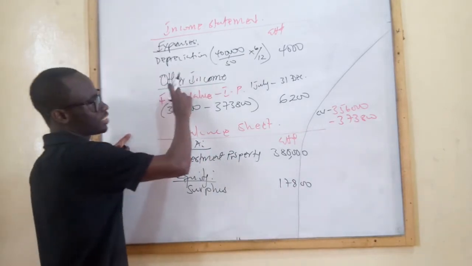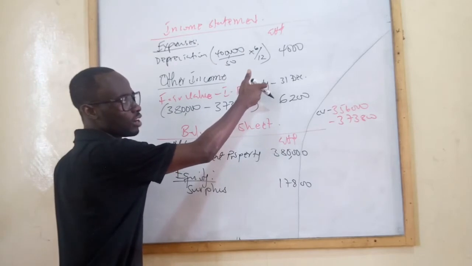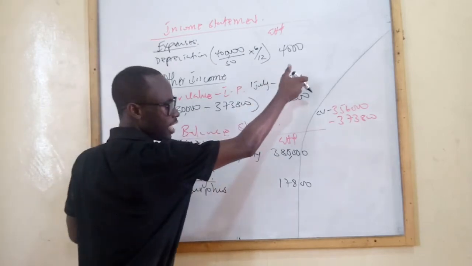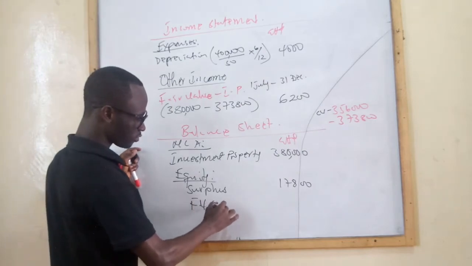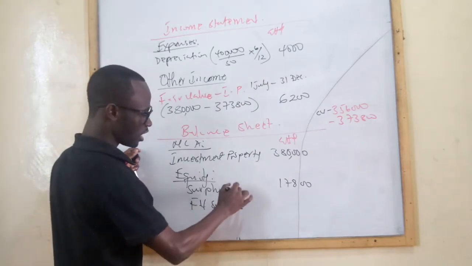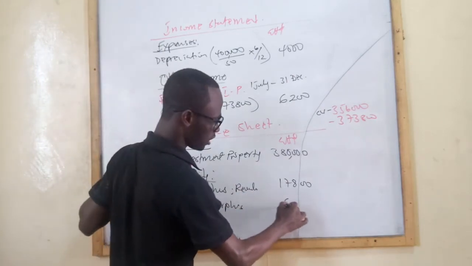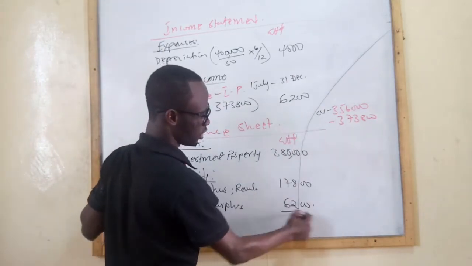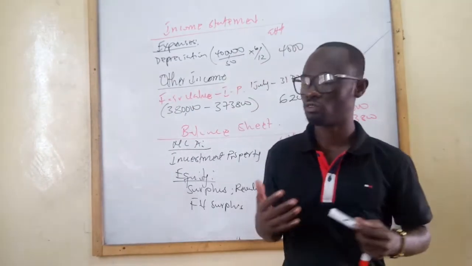Then the surplus that we are gaining between the date of recognition to the year end will also come. So the fair value surplus, the revaluation sort of. Then the fair value surplus 6,200 as we did here. So this is basically how we account for this.